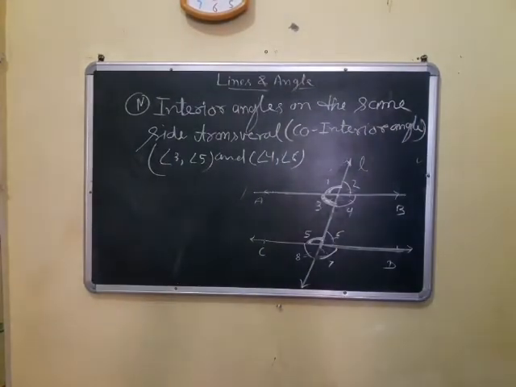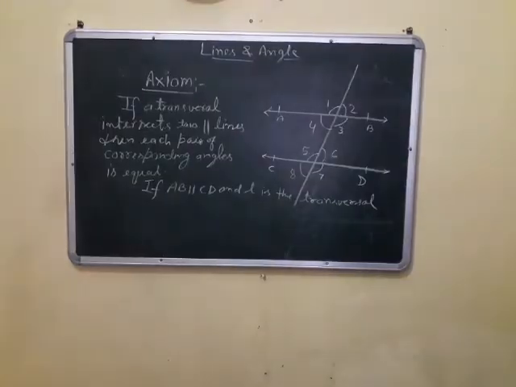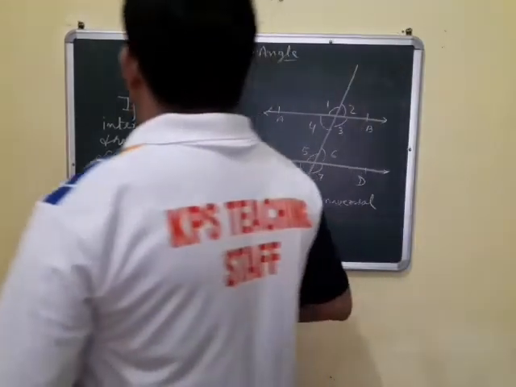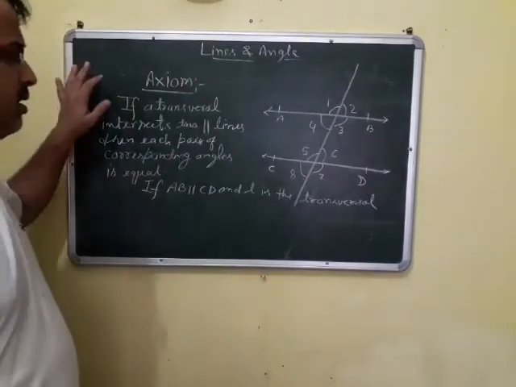Now we discuss the next point related to lines and angles: axioms. Here is an axiom.